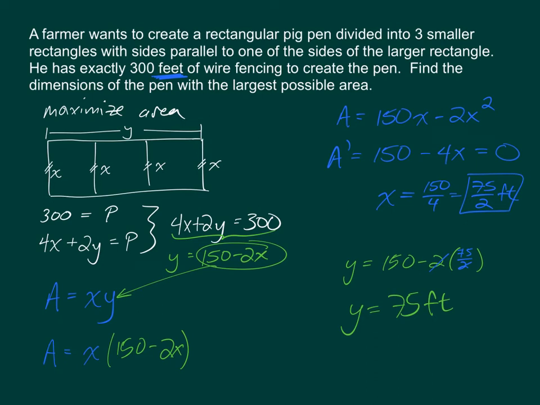And I think this is going to work out just fine, because if we have 2 y's, that's 150 total feet. If we have 4 x's, the 4 would cancel with a 2 here, leaving a 2 on top. 2 times 75 would be another 150 feet. 150 feet in x's and 150 feet in y's. Well, that leaves us with 300 total feet, just like we wanted. All right, let's get on to the last one.